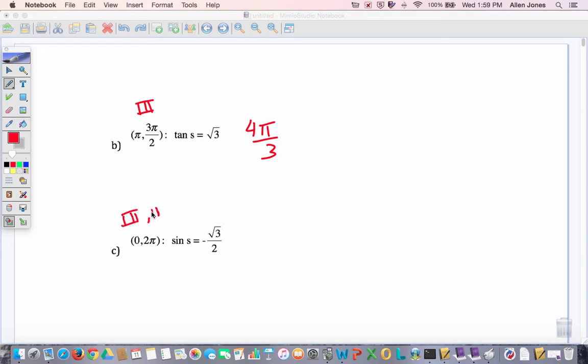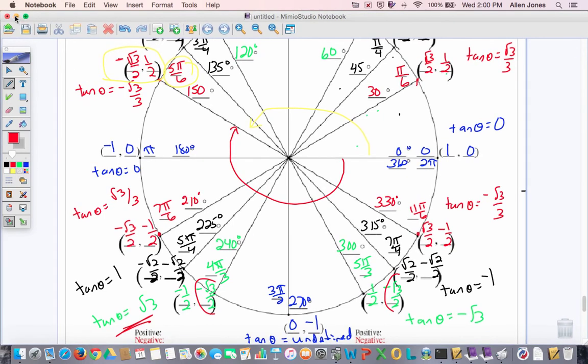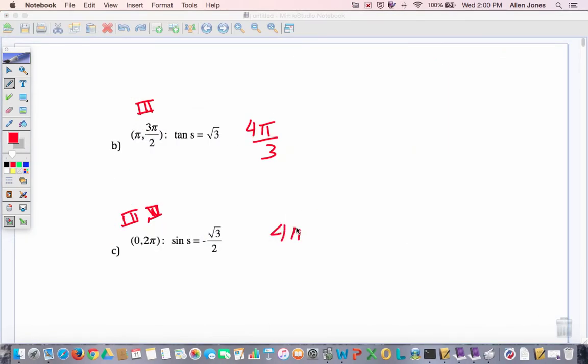And finally, letter C, between 0 and 2 pi, so an entire revolution around, sine s equals negative square root of 3 over 2. Well, sine is going to be negative in quadrants 3 and 4. So we're going to find two answers here, one in quadrant 3 and one in quadrant 4, where sine equals negative square root of 3 over 2, or y equals negative square root of 3 over 2.